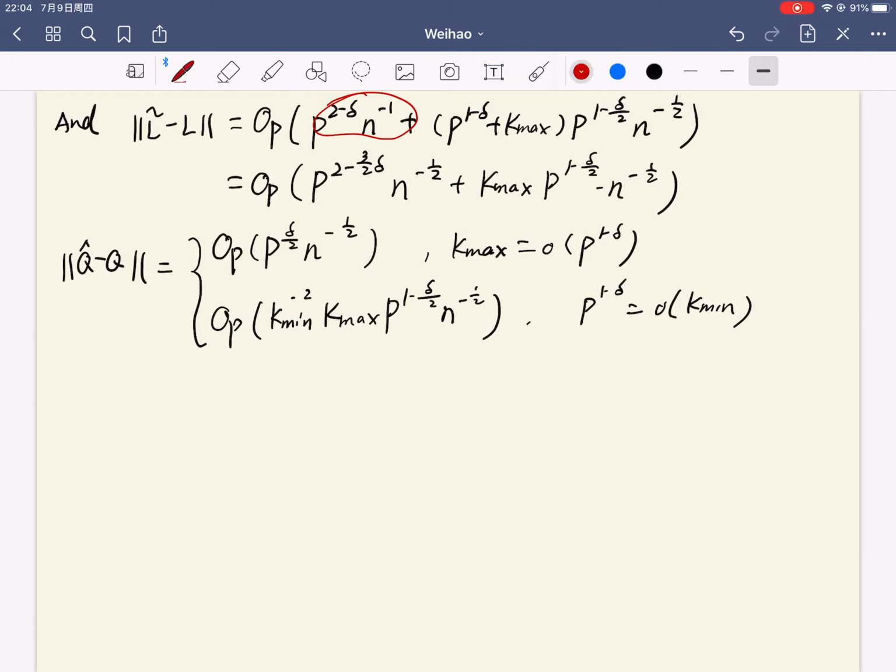We have proved theorem 2 under the assumption that the rate for the sample version of the autocovariance of epsilon is of order p over n. So it remains to show this rate.